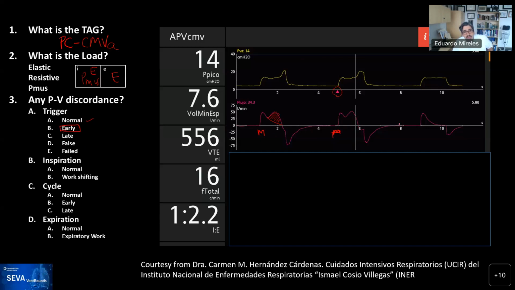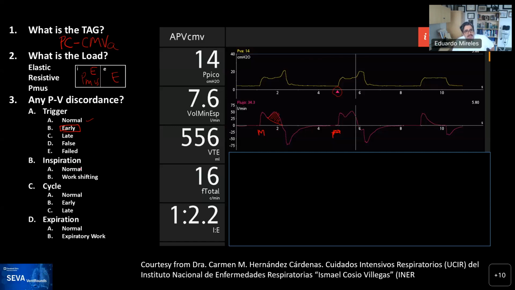So this one is normal, and then the last one is just a passive breath where there is no evidence of Pmus. So this was a mandatory breath and completely passive. So you have three examples of triggering here: a completely passive patient, a patient that has evidence of Pmus during the whole breath, and this one that has early triggering. And so that's the trigger.